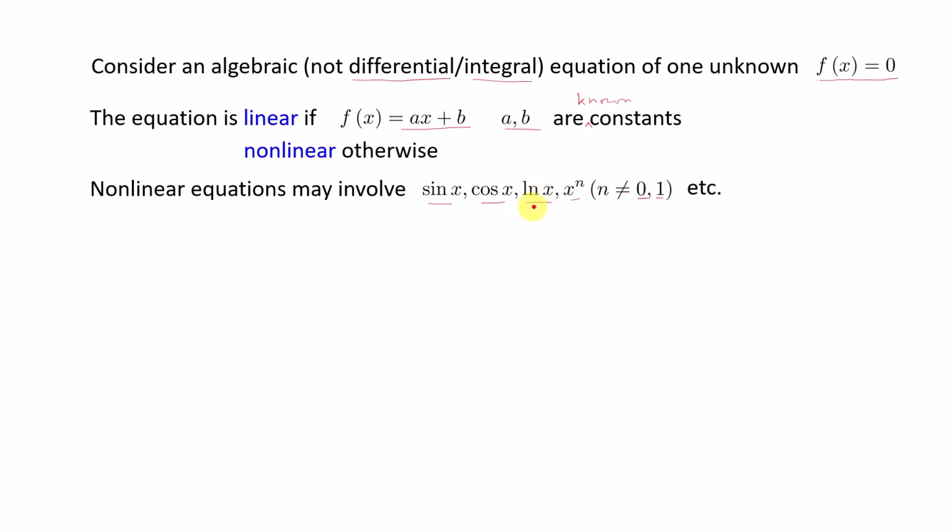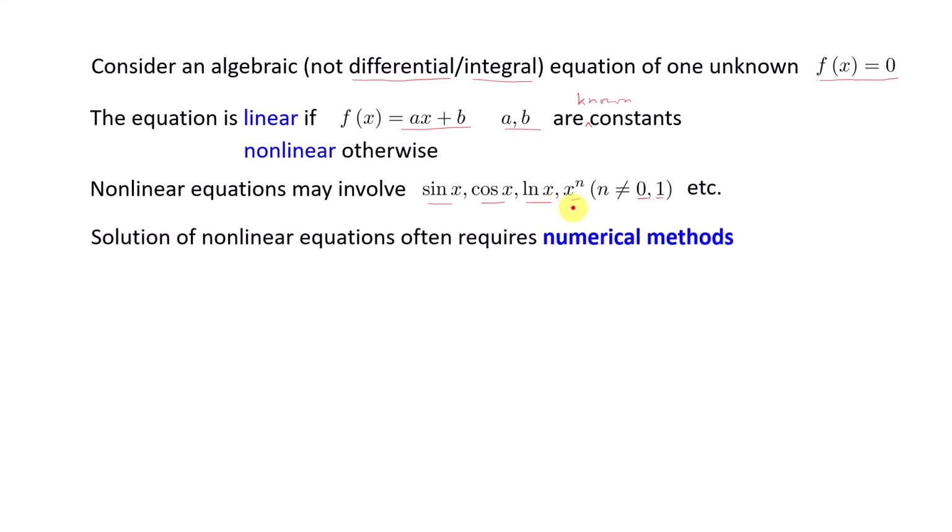Now we wish to solve these nonlinear equations. Now how do we solve these nonlinear equations? Sometimes we have nonlinear equations where we can have the solution analytically. For example, if we have a quadratic equation, we know how to solve a quadratic equation analytically.